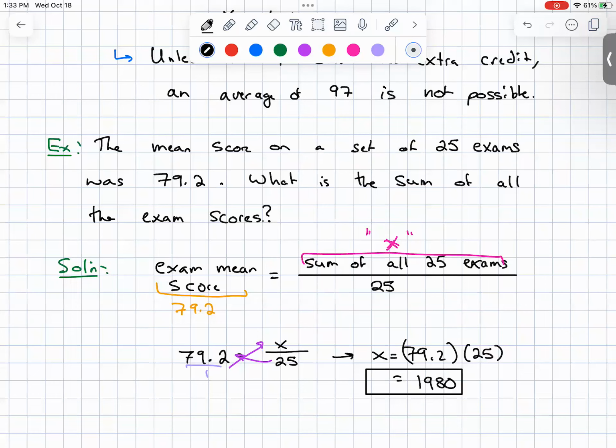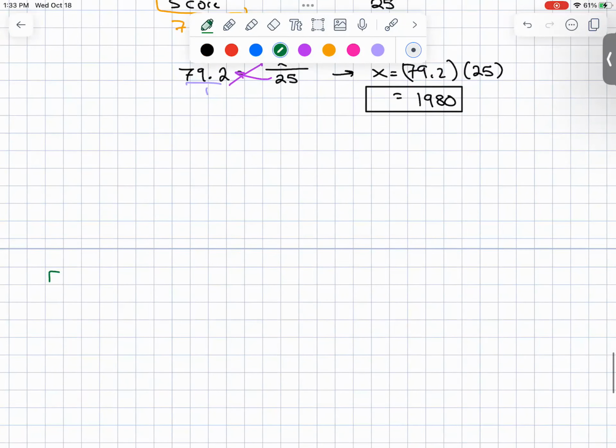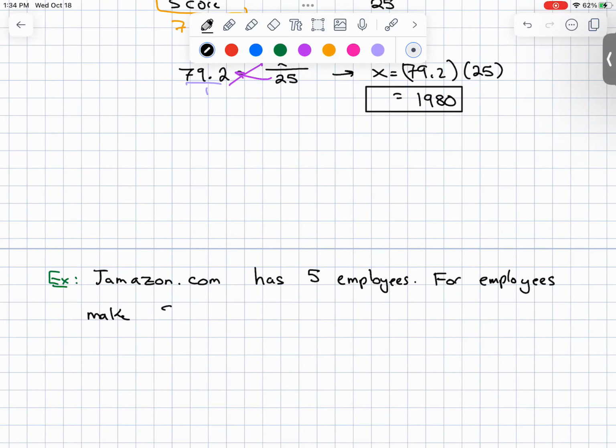All right. Now I want to talk about the reason why the mean is something that's greatly skewed. So for example, a new startup company called Jamazon.com has 5 employees. 4 of the employees make $40,000 a year.